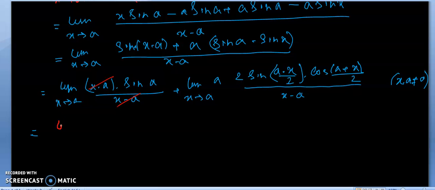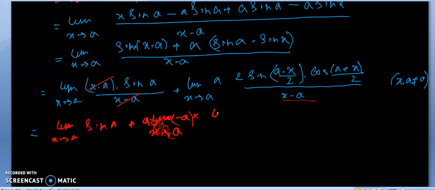If you cancel out, it will be the limit as x tends to a of sin a, plus the limit as x tends to a, taking minus common, it will be minus a times the limit of sin((a minus x)/2), and the below part will be (a minus x)/2, since the 2 goes to the denominator.